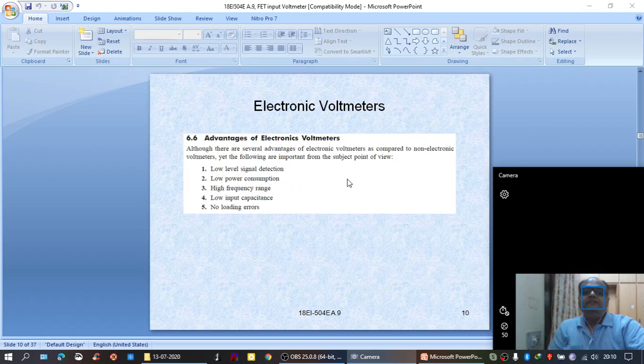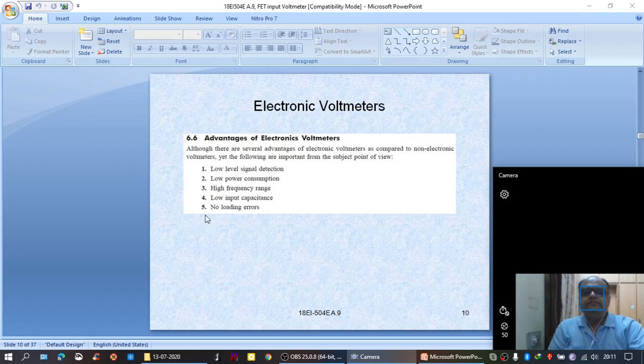And the advantages of electronic voltmeters. Although there are several advantages of electronic voltmeters as compared to non-electronic voltmeters, the following few are very important from the subject point of view, that is in electronic measuring instruments.